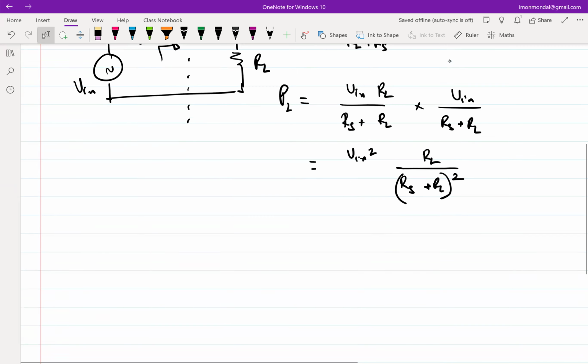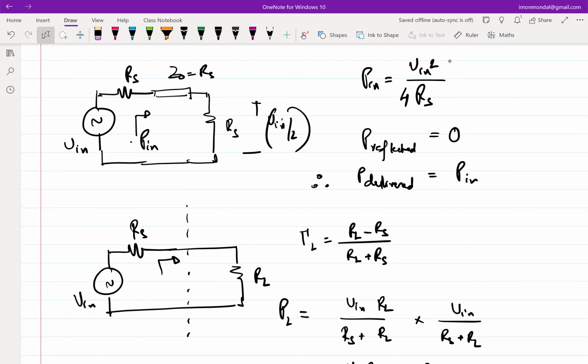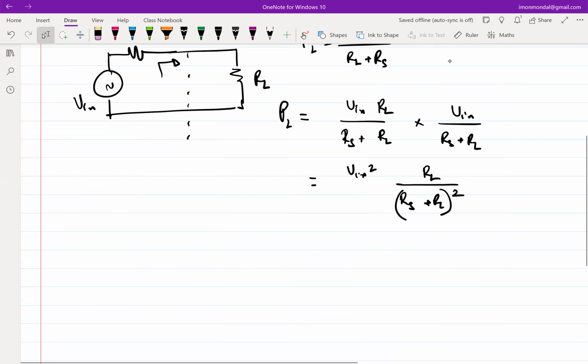And if I say that this is the power going in, so by the way, in this case, if I look at this expression, there is no reflection in the top circuit. So what is the power going in? It's V in squared by 4RS, right? So what I'll do, I will take out this V in squared by 4RS from the expression, in this bottom expression, and then see whatever is remaining. Okay.